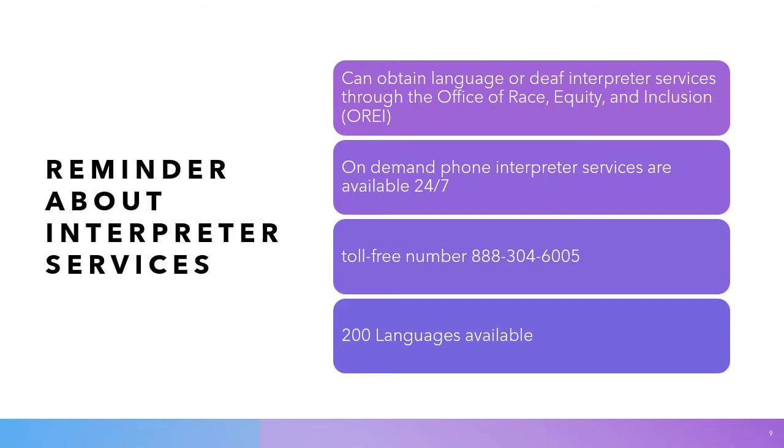Case managers can also utilize the on-demand phone interpreter service 24 hours a day, 7 days a week, when an in-person interpreter is not available. More than 200 languages are available through the phone interpreter service, and callers are connected to an interpreter in minutes. Call the toll-free number 888-304-6005 to use the phone interpreter services.